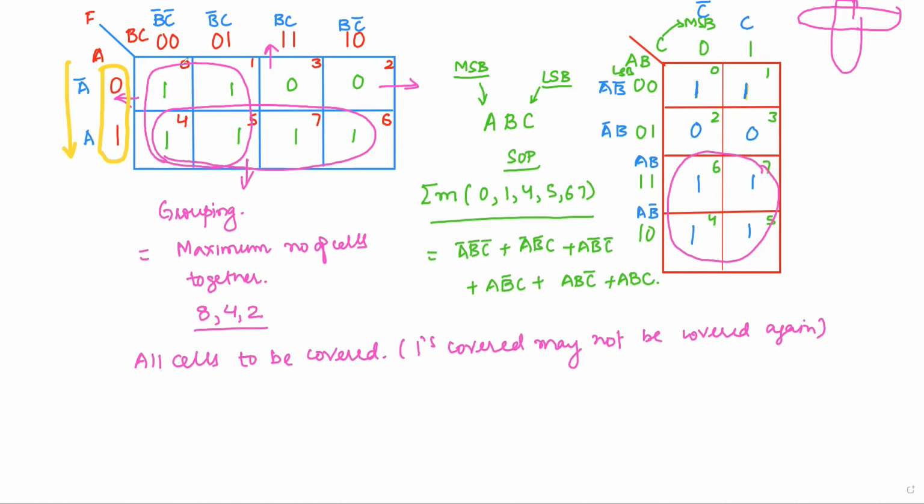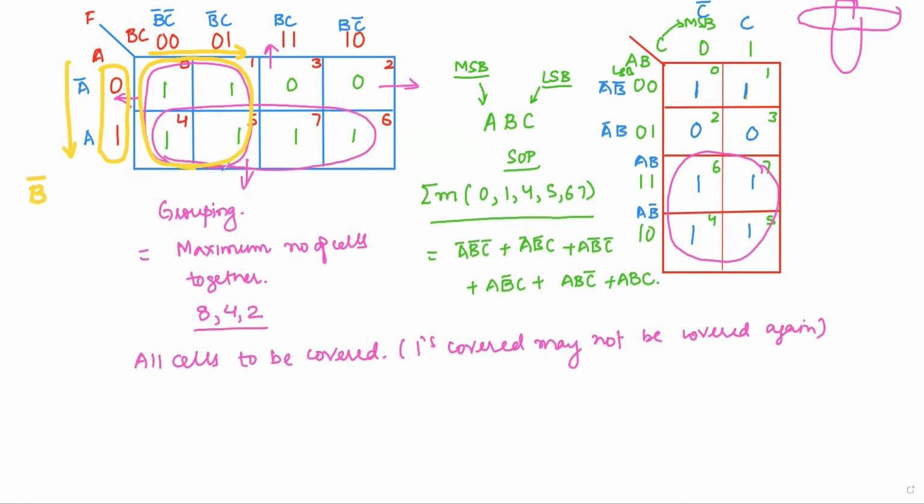So we cannot list it. Now when you look in this direction, B bar is constant, C bar is changing to C. So that means corresponding to this group, we are going to write B bar.